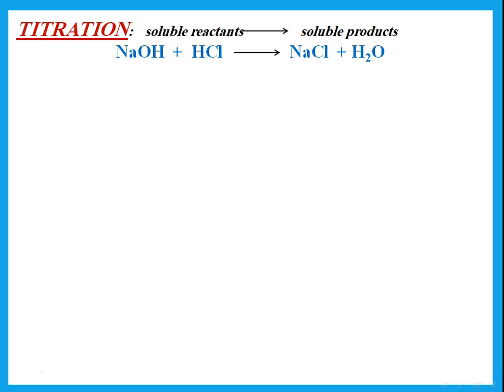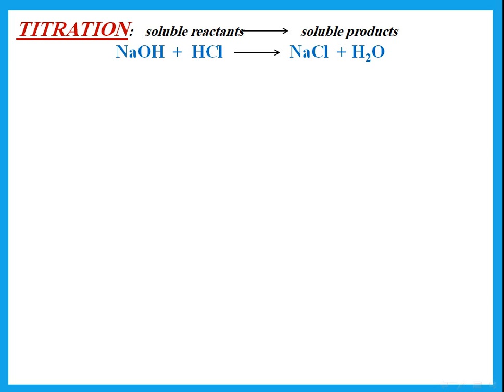Now, what if I'm trying to prepare sodium chloride crystals? Okay, so the first thing I ask myself, is sodium chloride soluble or not? We said that compounds of sodium, so salts of sodium, are soluble. So sodium chloride, sodium anything is soluble. Then the next question I'm going to ask myself, which acid and which base should I use to make sodium chloride?